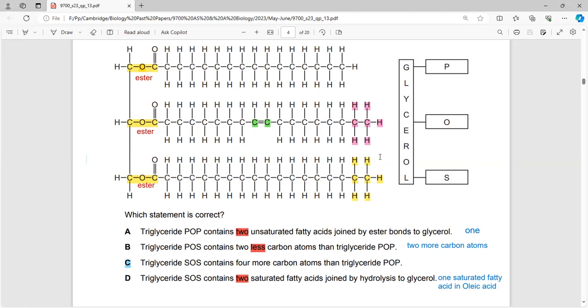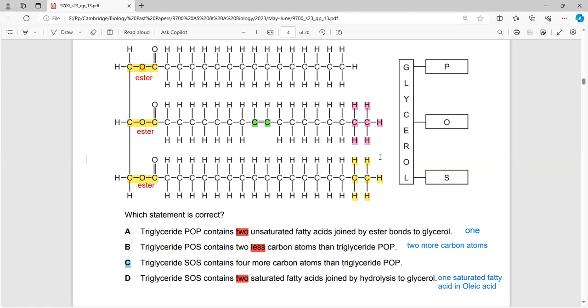If we are putting 2P, so if this is present in POS, and we are writing POP, there will be this molecule, POS, containing 2 more carbons, not 2 less. Why? Because the palmitic acid contains 2 fewer carbons in its fatty acid. So if you are using 2 extra chains of palmitic acid by replacement of the stearic acid, there will not be 2 less, there will be 2 more carbons.